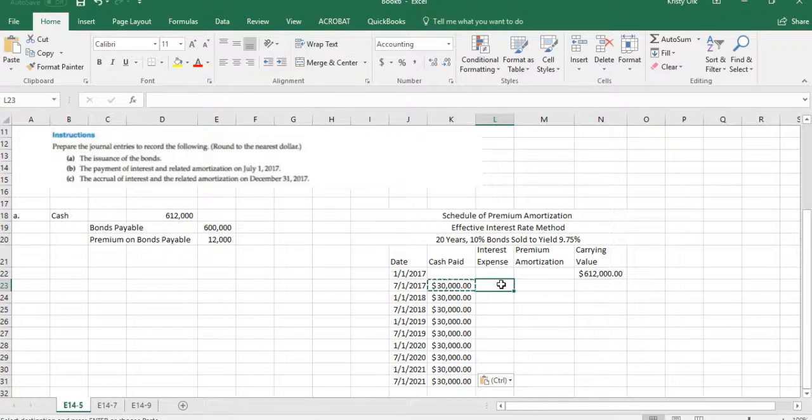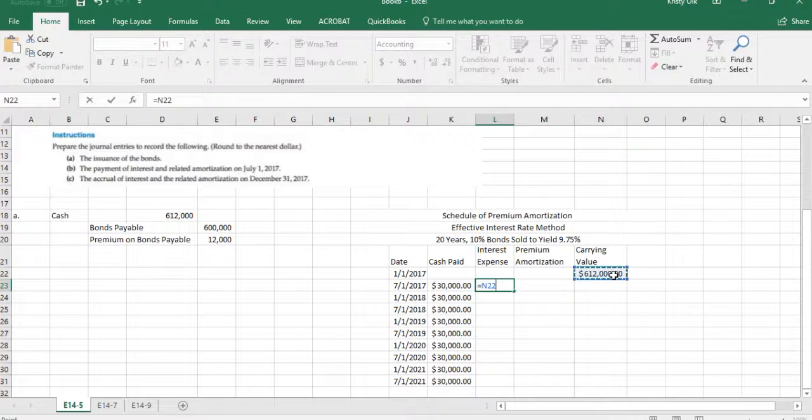To calculate what the interest expense should be, using the effective interest rate method, we take the carrying value multiplied by the yield, or the effective interest rate. So in this case, it's 9.75%, multiplied by the fraction of time.